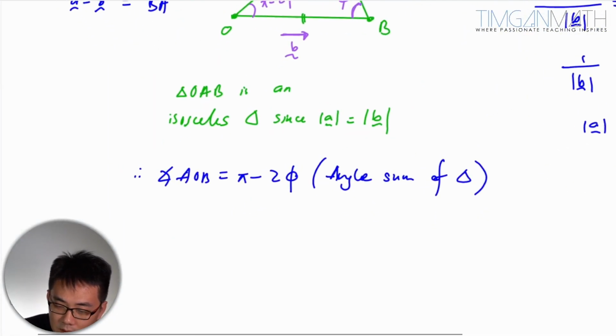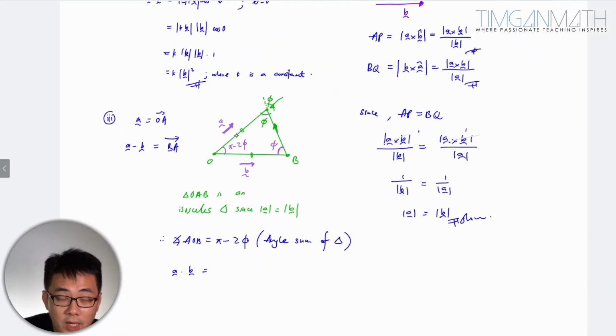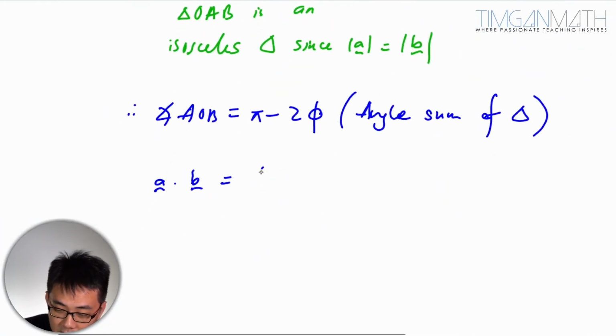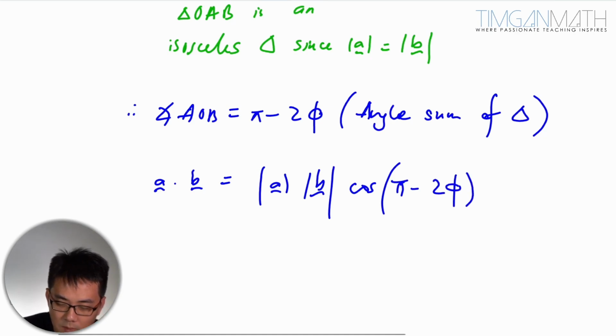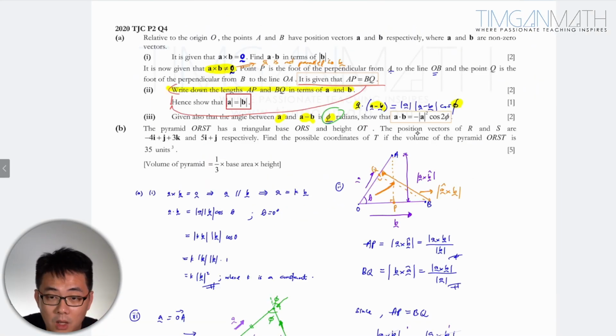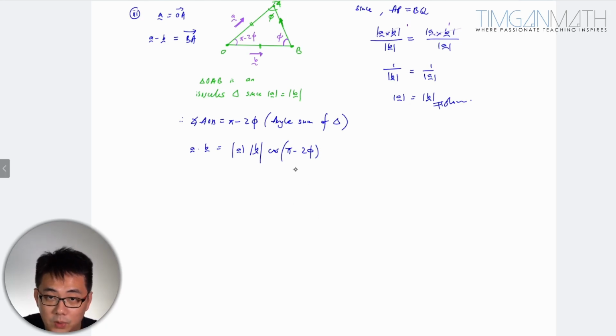When you use a dot b, you need to use the angle between a and b. So this is mod a, mod b cosine of pi minus 2 phi. We need this in mod A, and then we are very happy we got our cosine 2 phi.